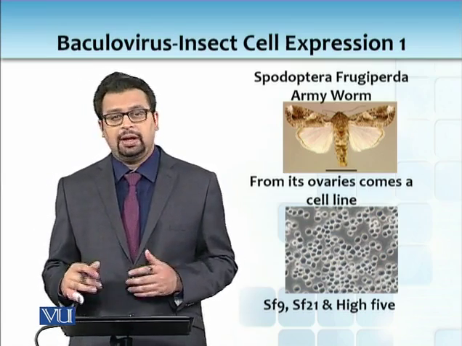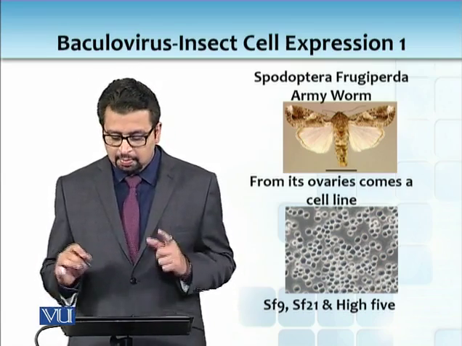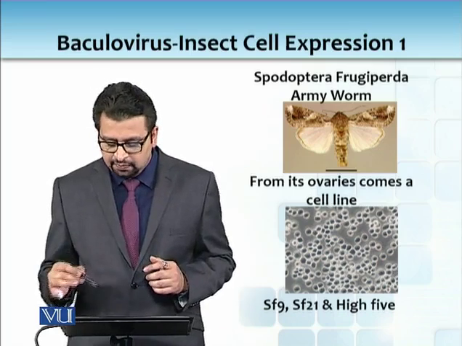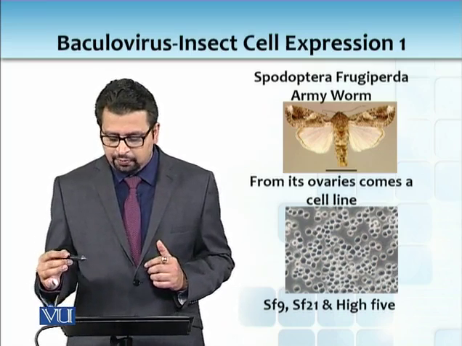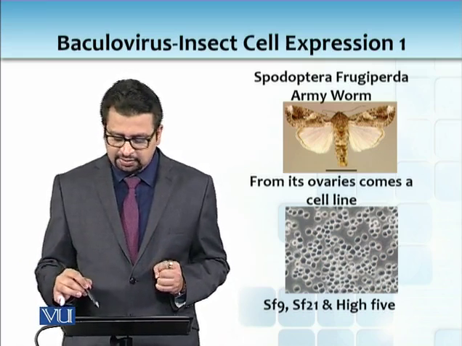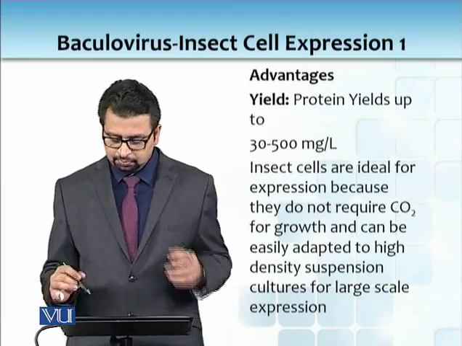We sometimes do, like Drosophila melanogaster, because it's studied as a disease model. But for this particular case, you have cell lines which you have developed from the ovaries, and SF9, SF21, and Hi5 are the most common ones.